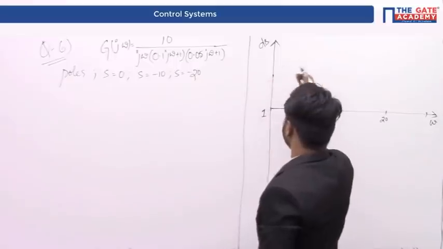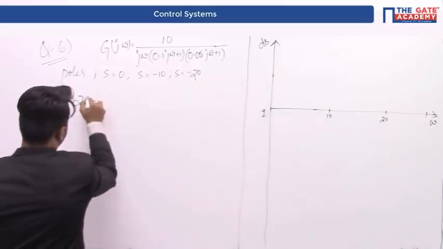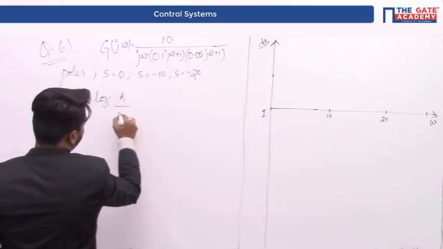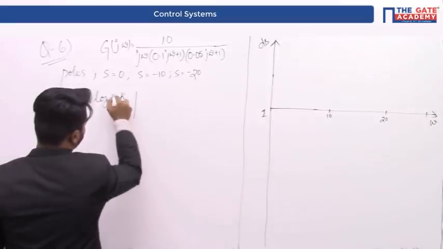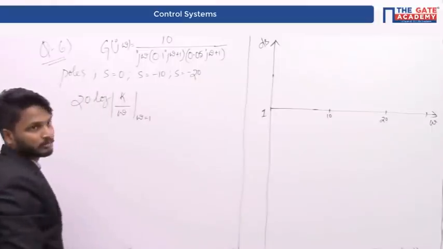This point is given by 20 log K_dc by omega at omega is equal to 1.